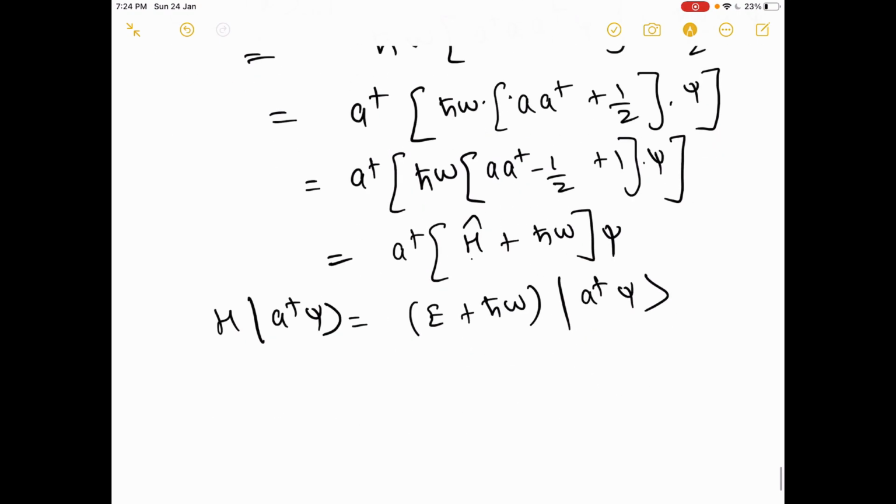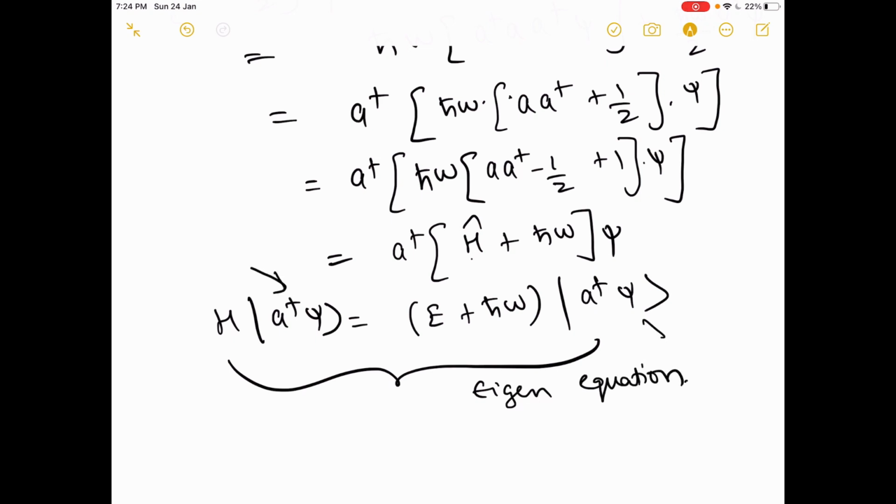So this is an eigen equation, and a dagger psi is an eigenvector of the Hamiltonian, and the energy is E plus h cross omega, where E is the eigenvalue of just psi.